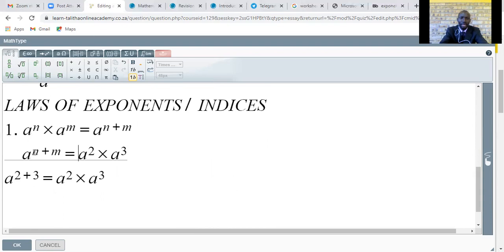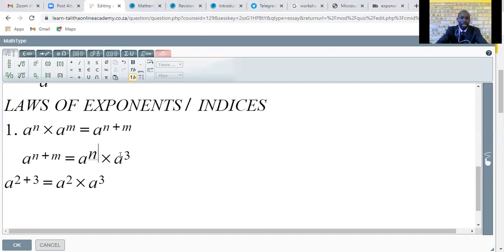So instead of a power 2, we now get a power n, then a power m instead of 3.